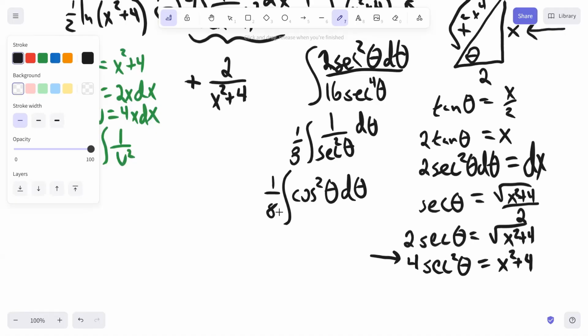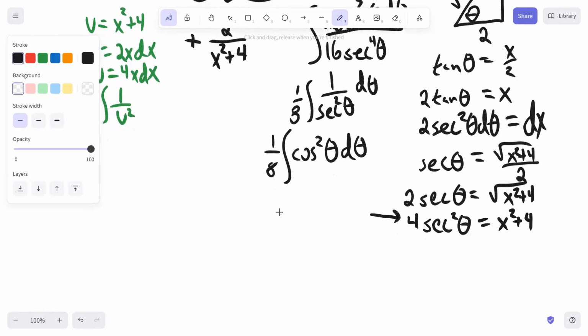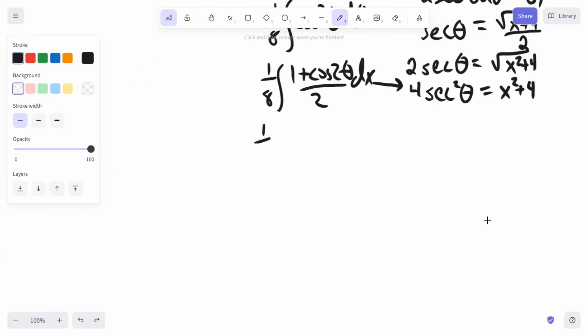The problem is we don't know the antiderivative of cosine squared, but there is the identity for cosine squared where we could write it as (1 plus cosine 2 theta) over 2 d theta. So I'm going to factor out that 1/2 and make the 1/8 a 1/16. And then the antiderivative of 1 is theta.